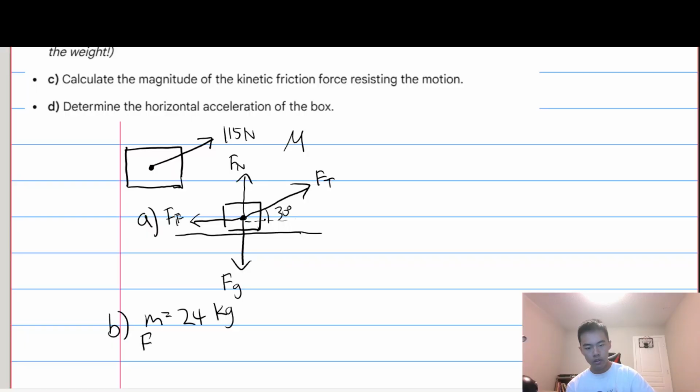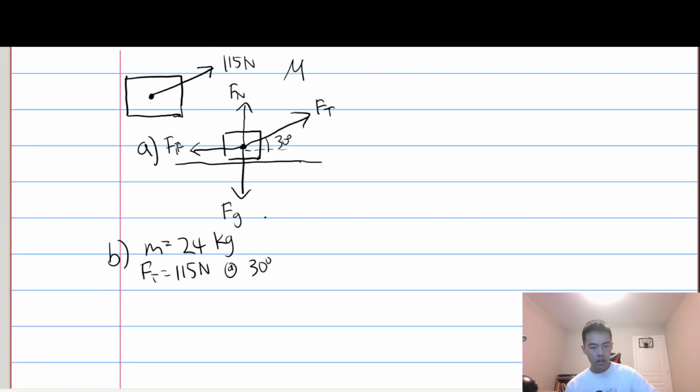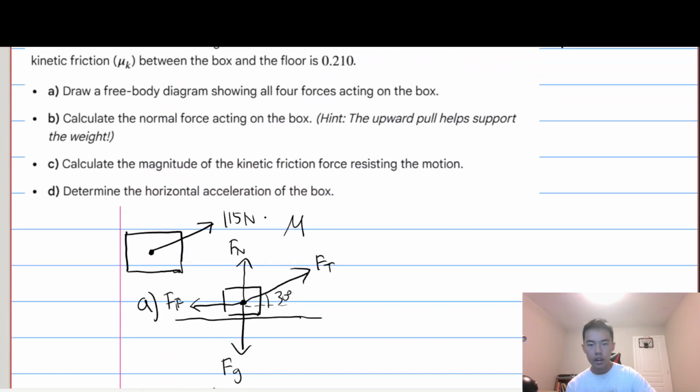The force of tension is 115 newtons at 30 degrees. And kinetic friction is 0.210, right? Good.